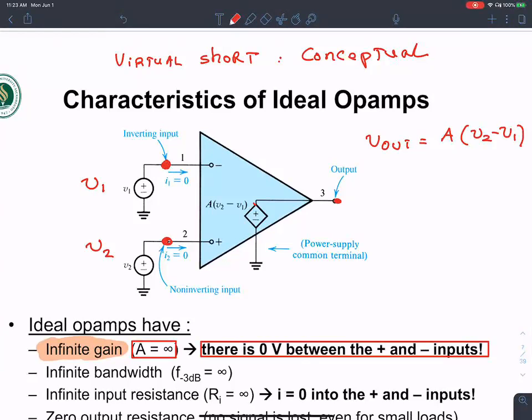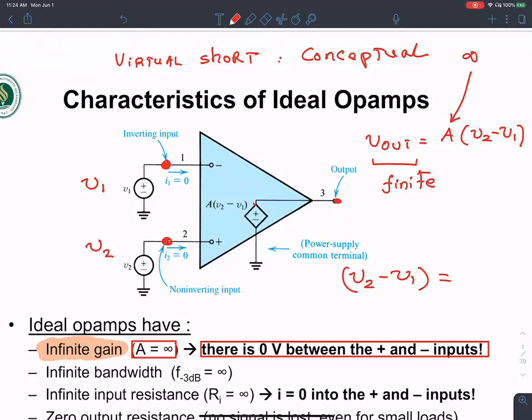Are you with me? Yes. Now let's see. The assumption is that V out is not infinite, right? It is finite. Correct? And the assumption is that A is infinite. So what is V2 minus V1?